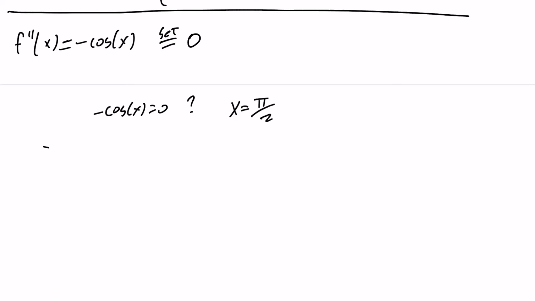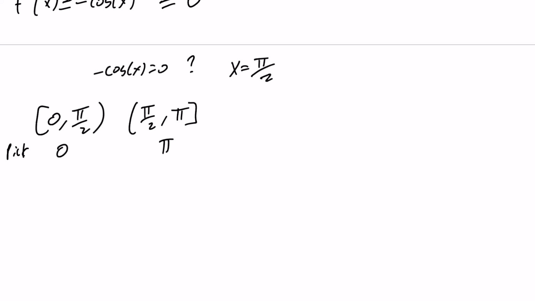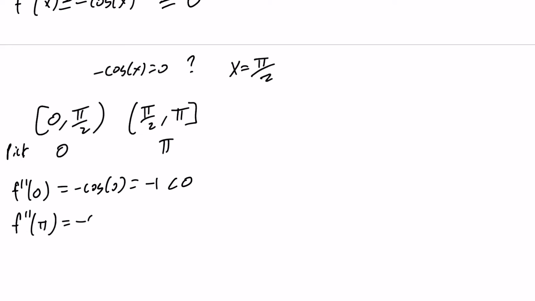Okay, so this means we get to break our interval into two subintervals, like so. We can pick points from in here. I'll pick 0 and pi because I can. Okay, and plug those into the second derivative. And that's going to give us something like this.